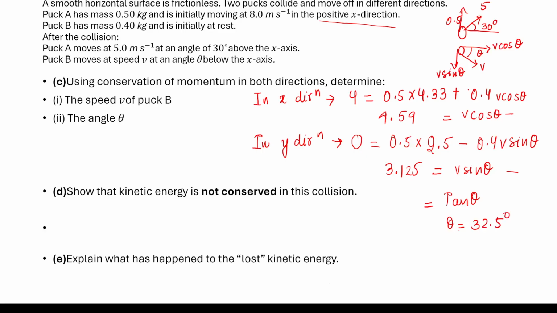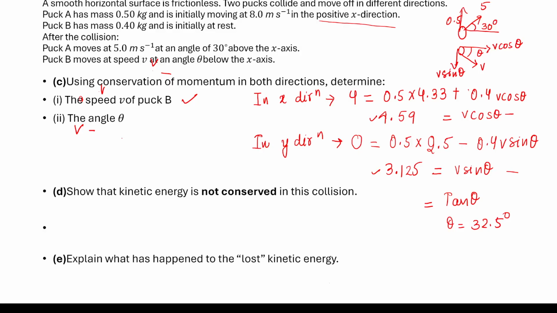Once I've got my theta, to calculate the speed v, I'm just squaring and adding these two equations. If you square and add, and take a square root, it'll give you v. I'm writing it here in case you're not very good with that kind of math.